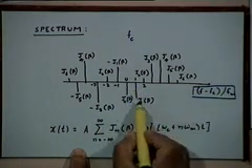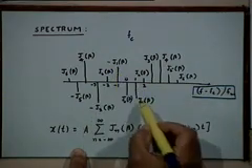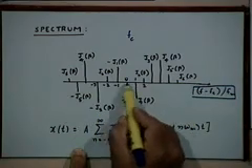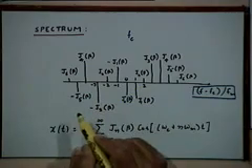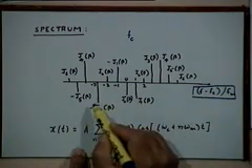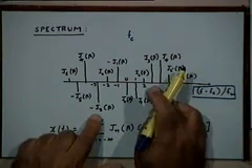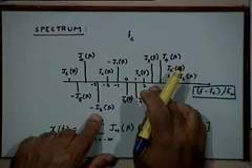As you can see, J1 beta and J minus 1 beta have opposite signs, but J2 beta and J minus 2 beta have the same sign. Similarly, J minus 3 beta has the opposite sign of J3 beta, and so on and so forth.